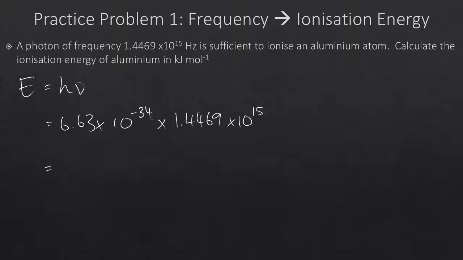Excuse me a sec while I calculate that. Okay, so the answer to E is 9.593 by 10 to the negative 19 joules.